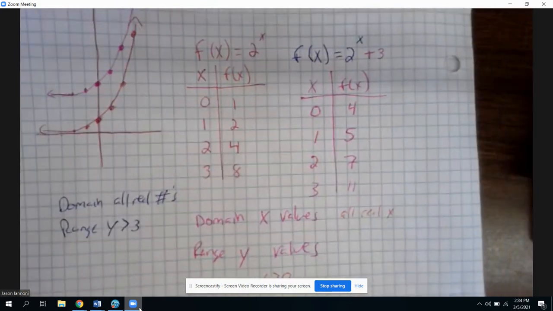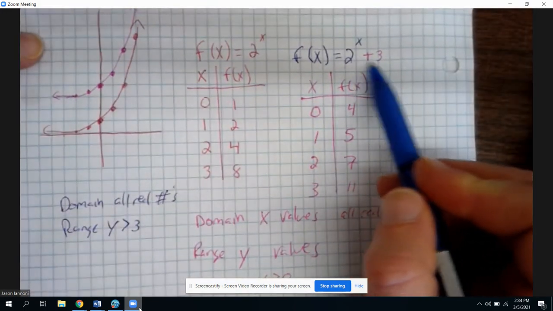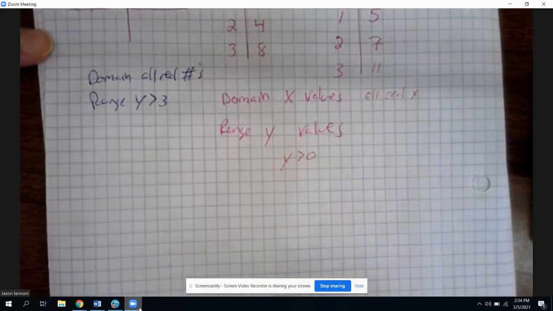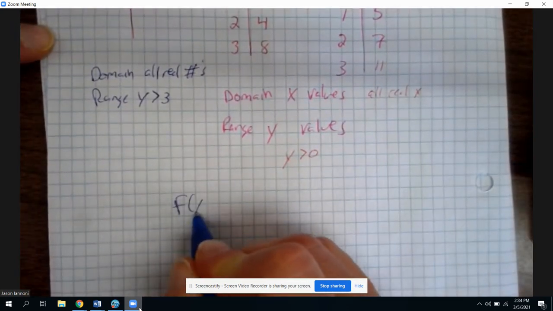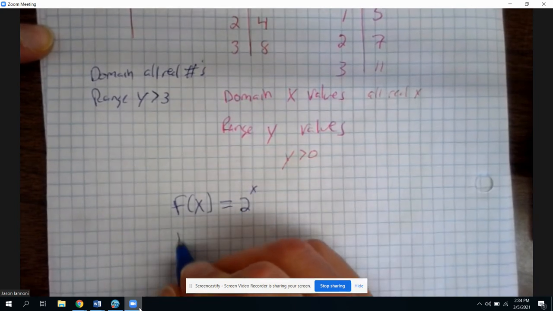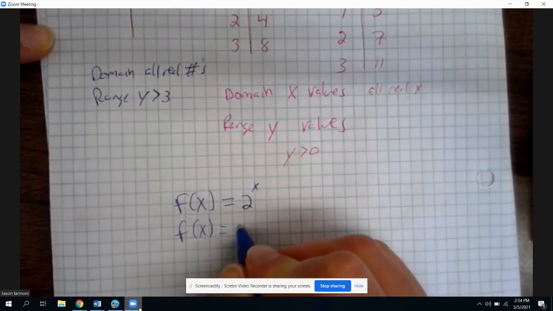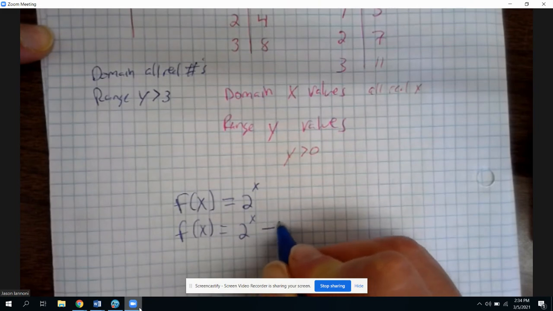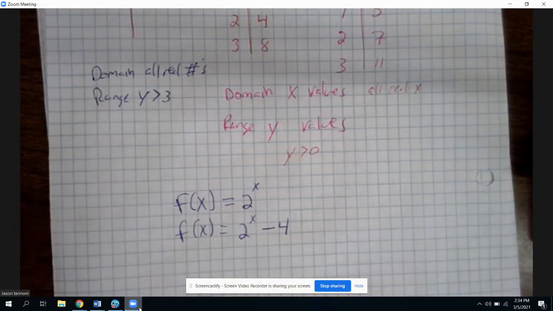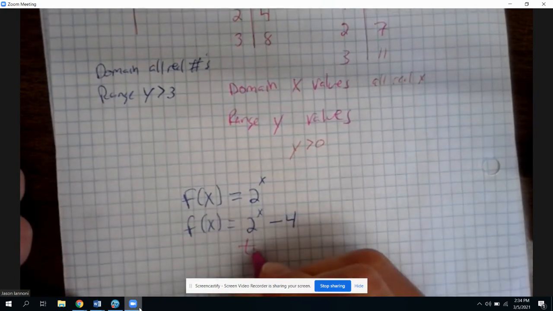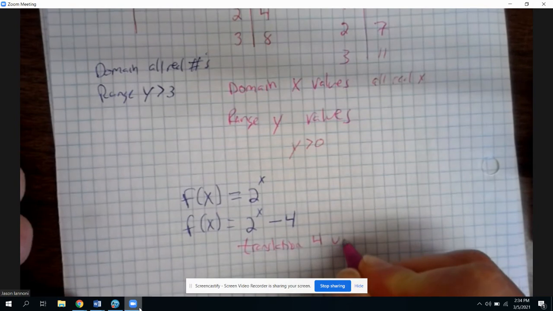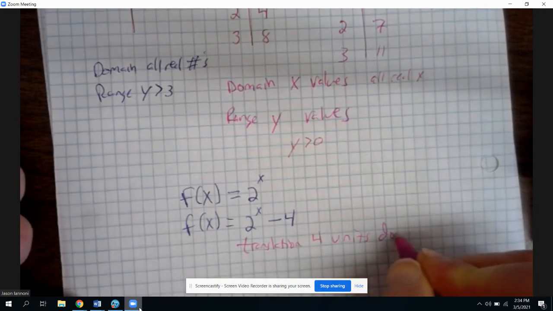But the main point is that this plus 3 down here is going to move it up 3. So if I said 2 to the x versus 2 to the x minus 4, what we'd be looking for is that this is a translation 4 units down.